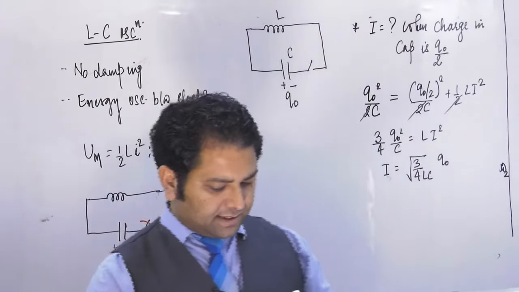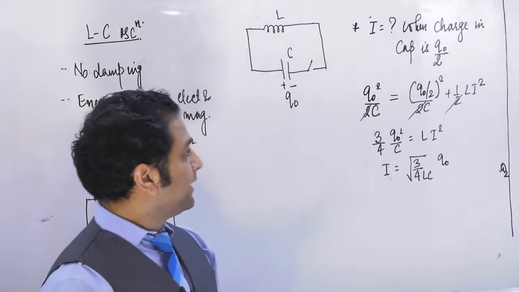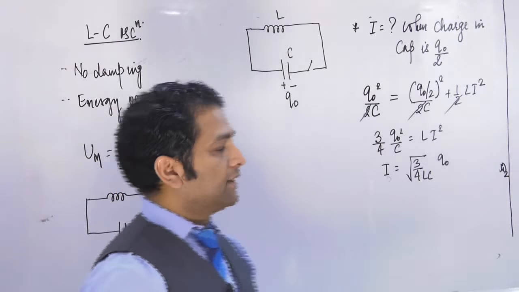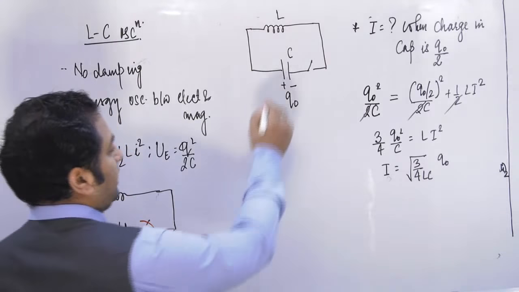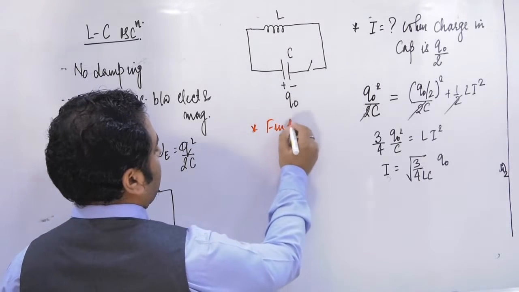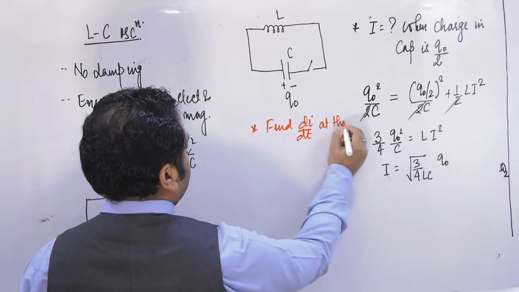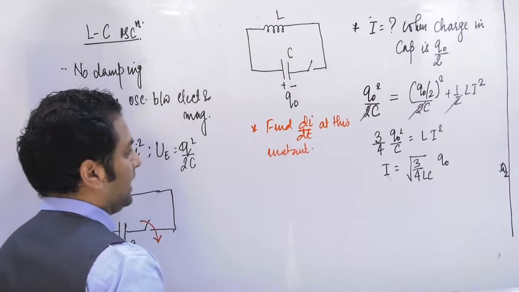All right, so this is the value of the current at the instant when the charge is 1/2 of that. Now, apart from that, let's discuss another case. Right here, in the same question, find di by dt at this instant.